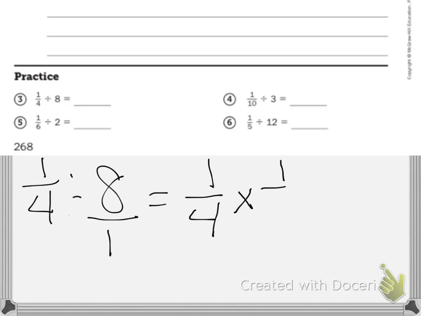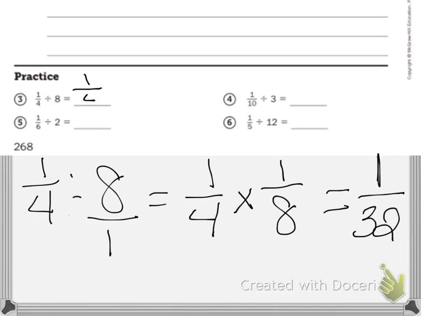So now it's going to be 1/8. So 1/4 times 1/8 equals 1 times 1 is 1, 4 times 8 is 32. So 1/4 divided by 8 is 1/32. Do the rest on your own.